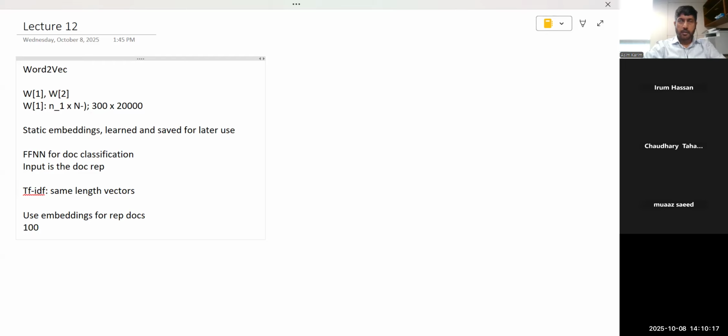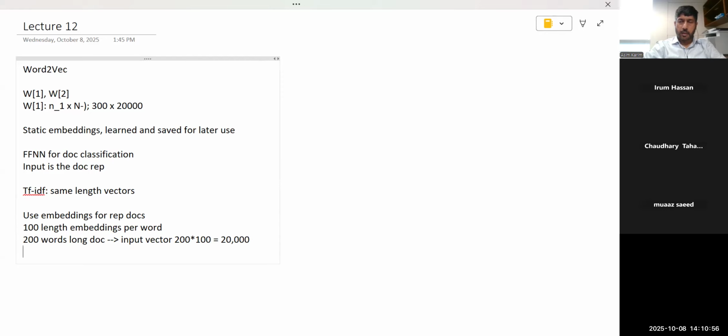Let's say 100 length embeddings per word. So if our document is 200 words long, the input vector would be of size how much? 200 into 100, which is 20,000.